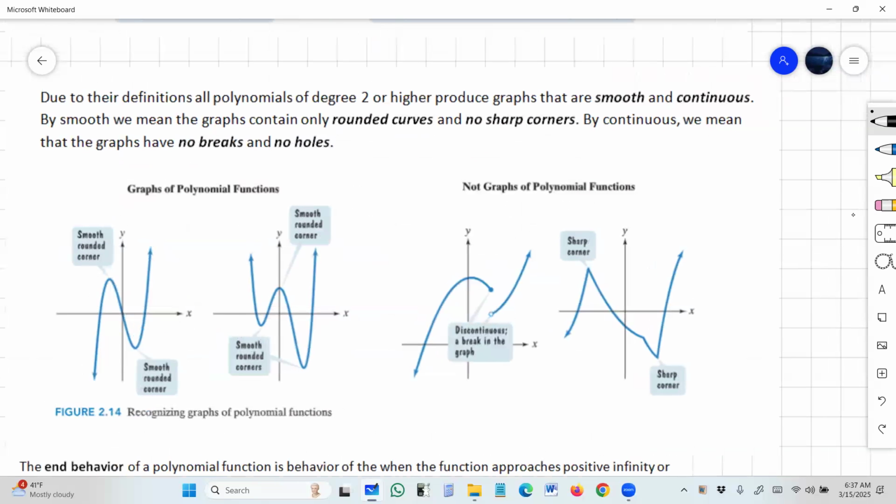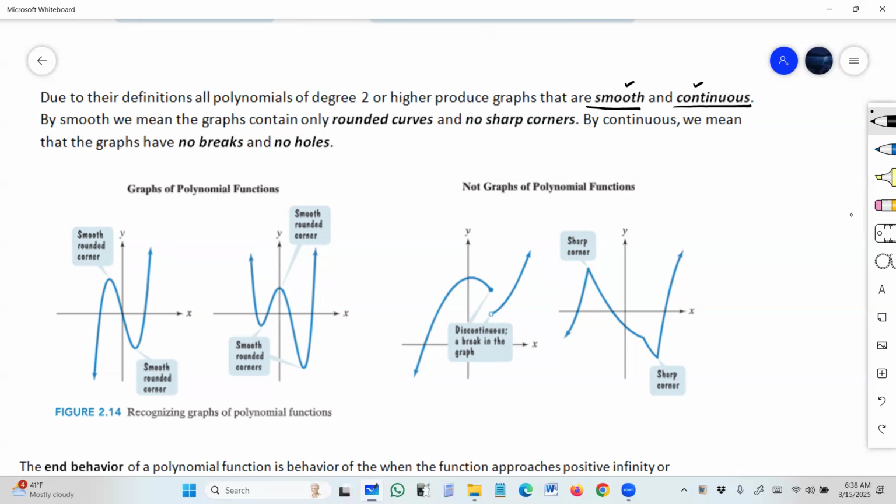And we'll have to graph polynomials in this course. So one of the reasons that we like polynomials is that when we graph them, the graphs look like smooth and continuous curves. Okay, so these two characteristics apply specifically to polynomials.